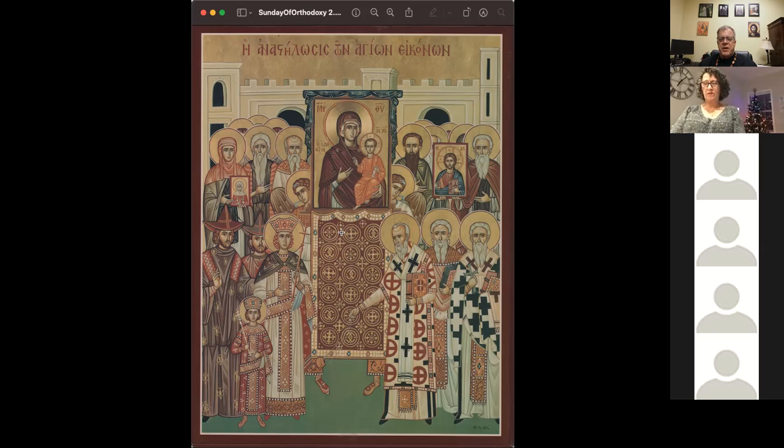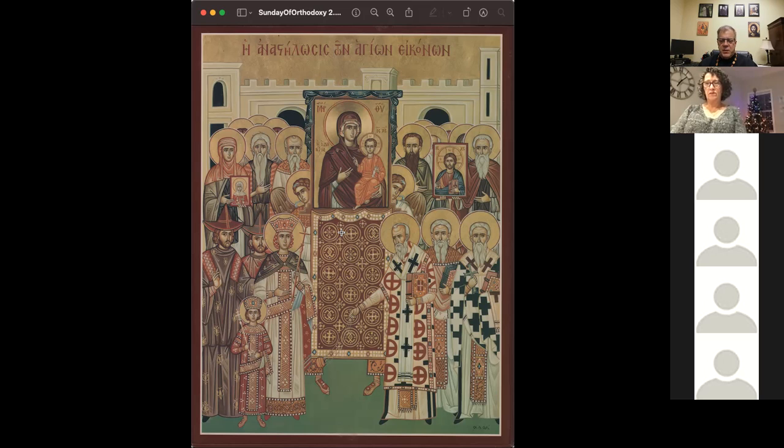We've actually had Forgiveness Sunday, and then that Monday initiates the start of Lent. And Sunday of Orthodoxy is the 7th day after the start of the Lenten season. Okay, so the Sunday of Orthodoxy is meant to give us a celebration of the triumph, if you will, of the use of icons in our church service. Okay, and so I want to talk a lot about that today because it's a pretty important topic for us.